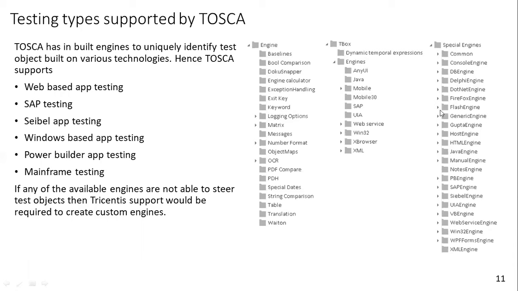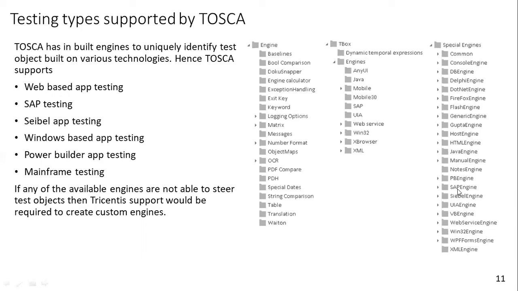These engines allow you to identify test objects of that particular technology. Here you can see the SAP engine is there, so all the SAP test objects on the SAP application will be identified by this engine.